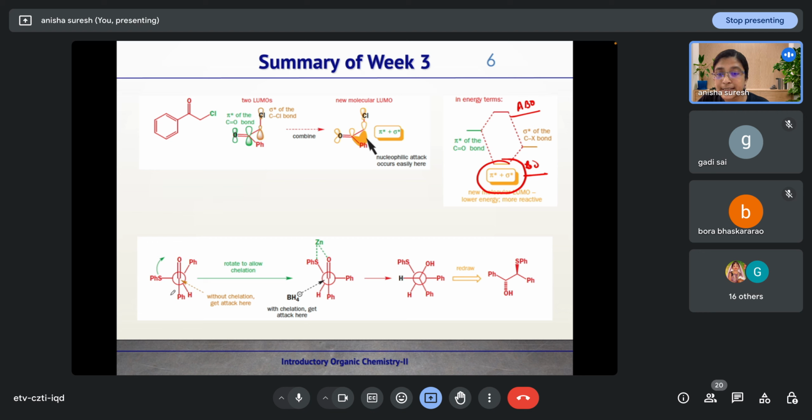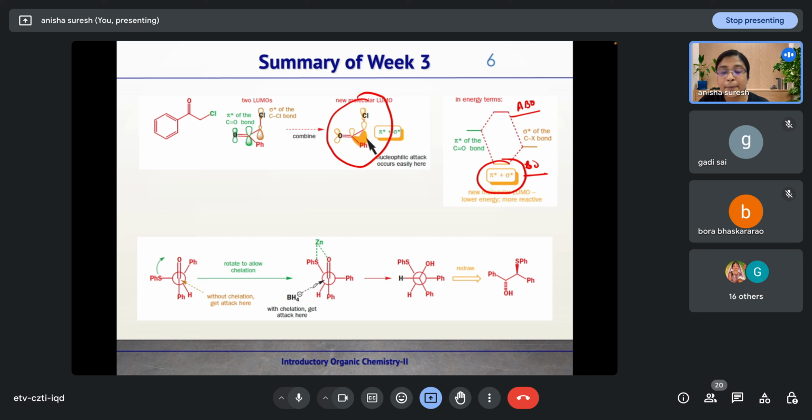And when we consider this case, this is also an electronegative group. Here, if there is no chelation, we can write it like this. The electronegative group we will write perpendicular to the carbonyl group, such that the formation of the new molecular LUMO takes place. Then the attack can take place if there is no chelation, but if chelation is possible, then this will rotate in this direction, resulting in chelation if Zn(BH4)2 etc. is present, in the presence of only chelating metals.